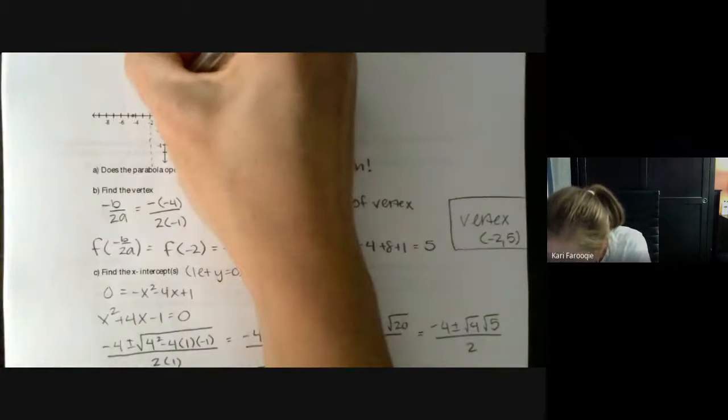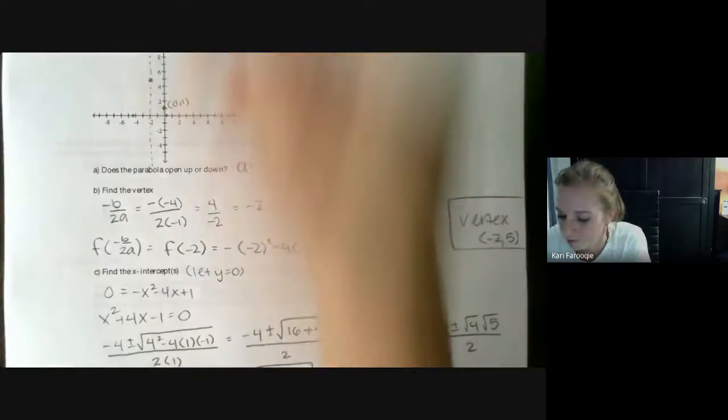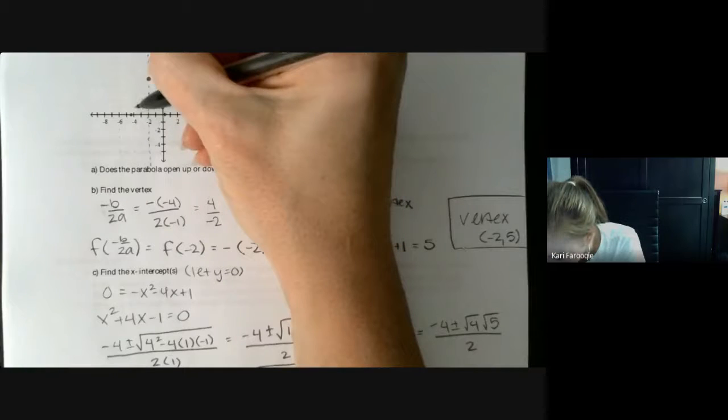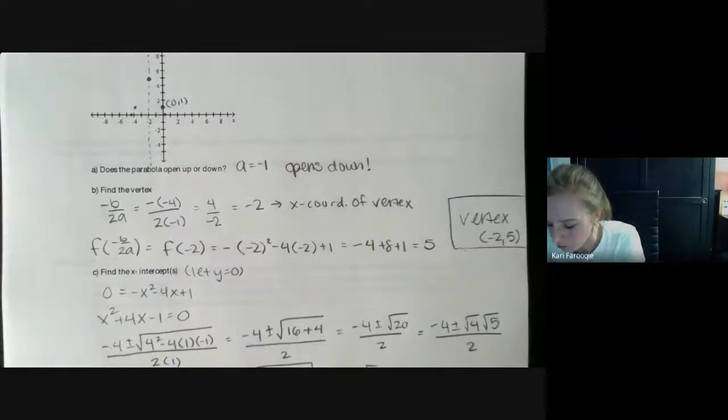So we'll go ahead and plot that y-intercept here at 0, 1. And then you can use your axis of symmetry to go 2 units left of the axis of symmetry and get one more point by symmetry at -4, 1.